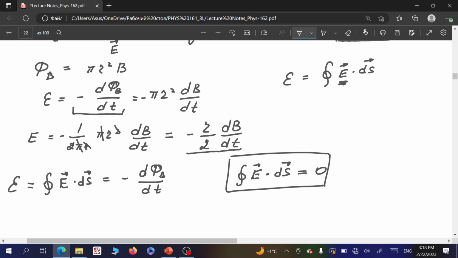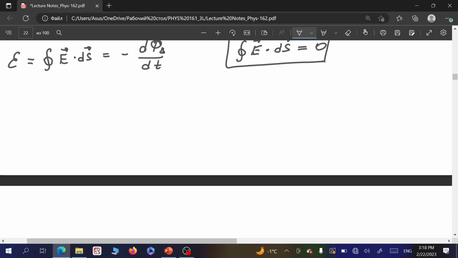So now let us consider an example where we determine the magnitude of the induced electric field when we have a solenoid. You remember what a solenoid is, a special configuration of electric current.